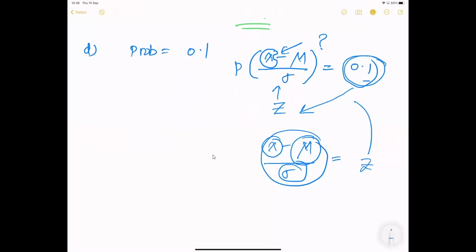Therefore, the Z value is minus 2.33. So Z value related to this probability is minus 2.33.